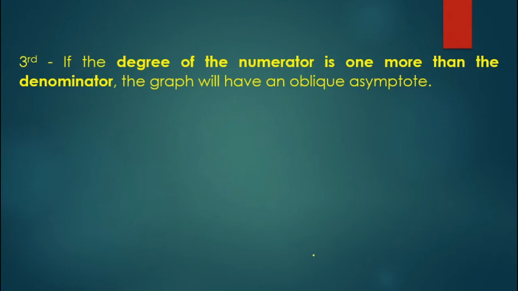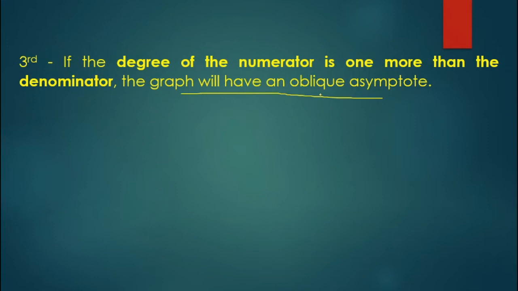Next, for the third case, if the degree of the numerator is 1 more than the denominator, then the graph will have an oblique asymptote. So, ibig sabihin po, hindi tayo magkakaroon ng horizontal asymptote. Oblique asymptote ang magiging sagot, or slant.